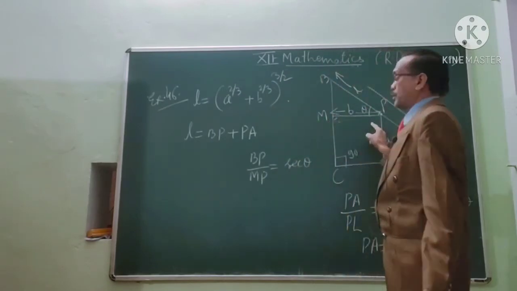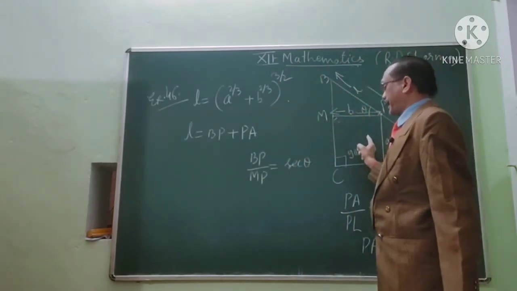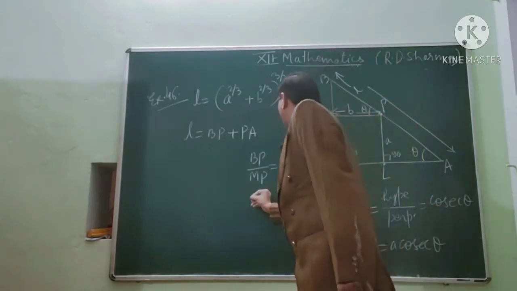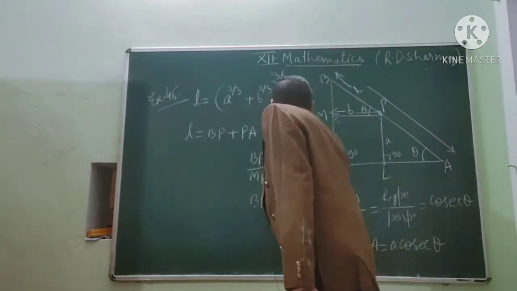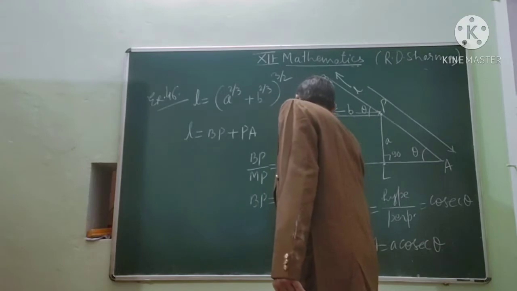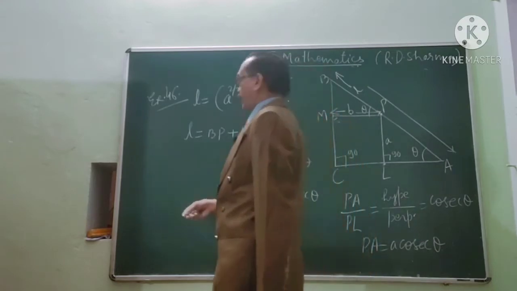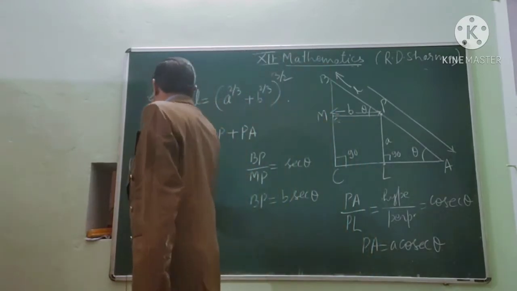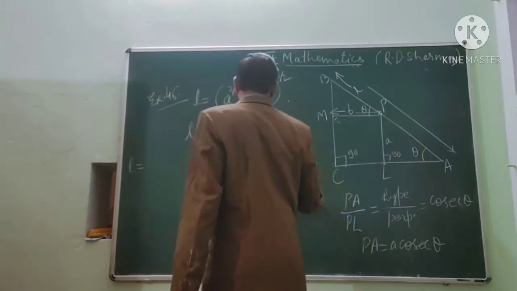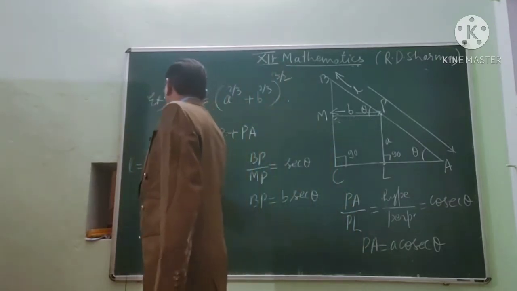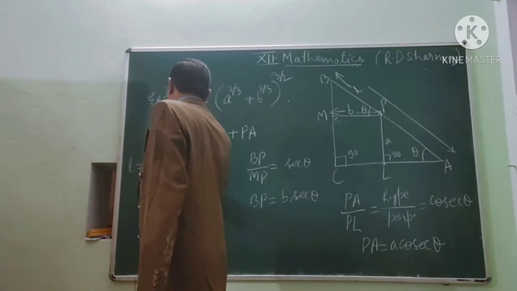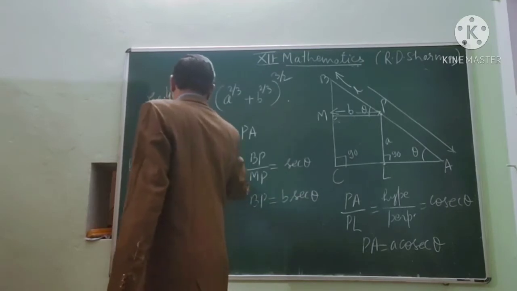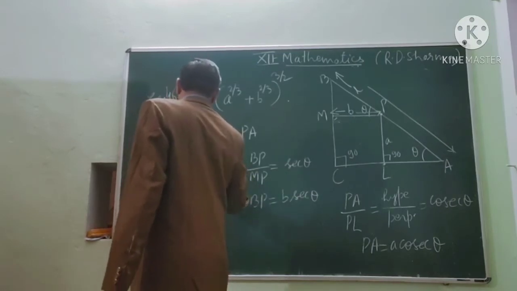It is the base, so hypotenuse upon base is sec theta. So BP is b sec theta. Therefore L becomes b sec theta plus a cosec theta. This is a function of theta.